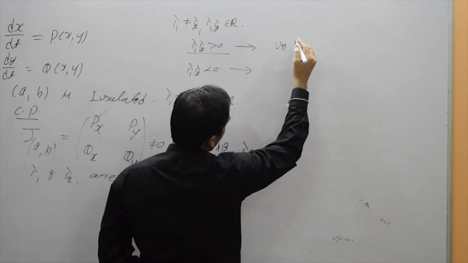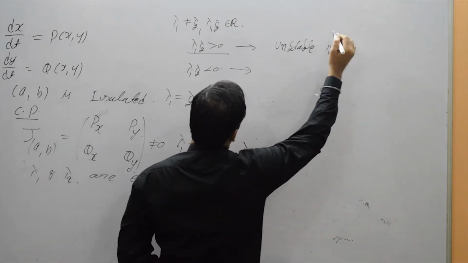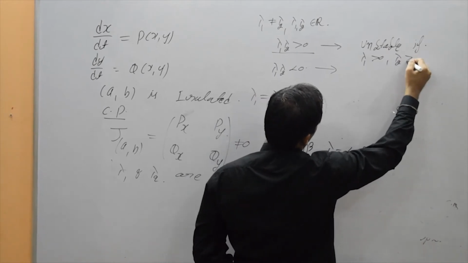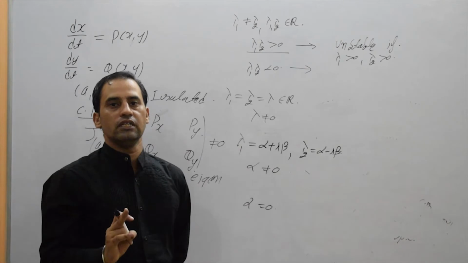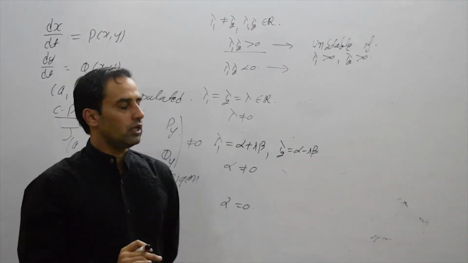The critical point is always unstable if lambda 1 is greater than 0 and lambda 2 is greater than 0. That is, both roots are greater than 0, then the critical point is unstable for both systems.